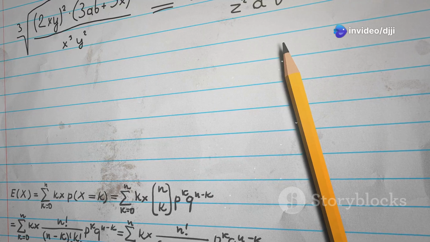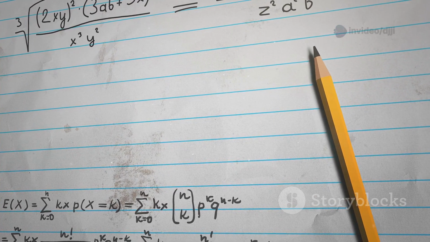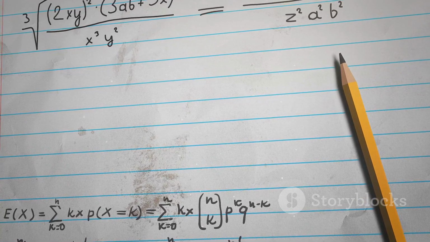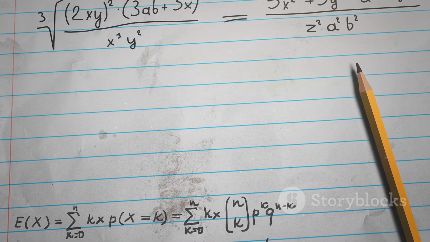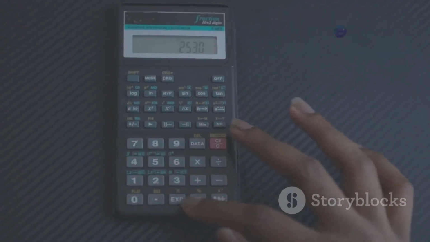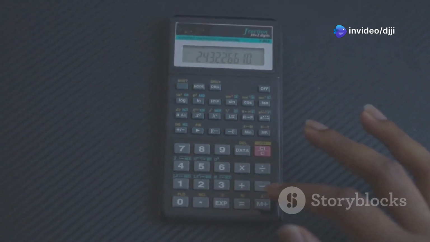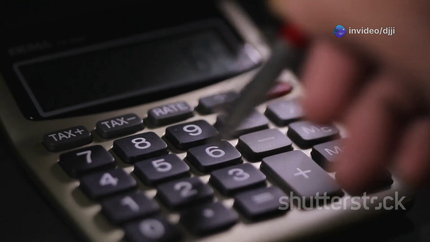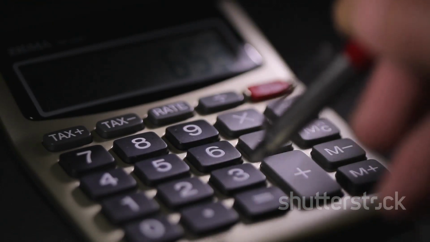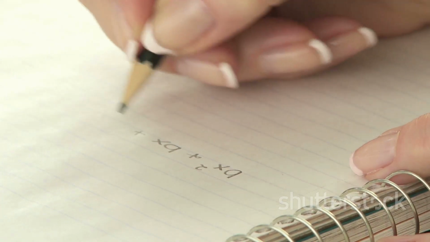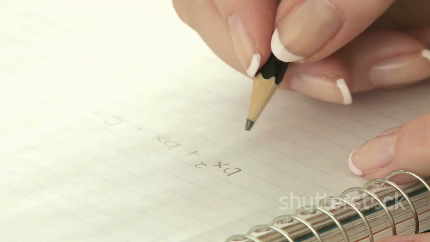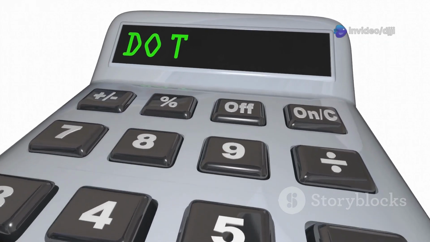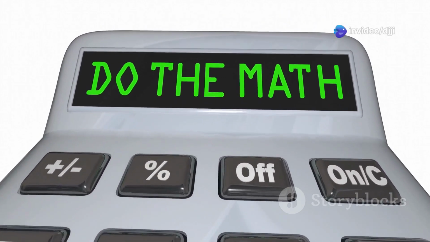Next, we apply the compound interest formula, A equals P times the quantity 1 plus R divided by N, all raised to the power of N times T. So, plugging in the numbers, we get A equals 5,000 times the quantity 1 plus 0.04 divided by 4, all to the power of 4 times 3. That simplifies to 5,000 times 1 plus 0.01 to the 12th power, which is the same as 5,000 times 1.01 to the 12th power.